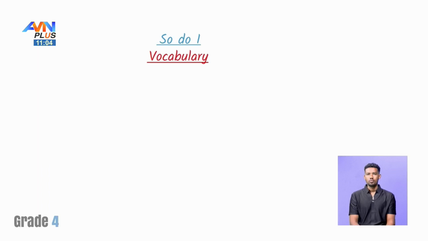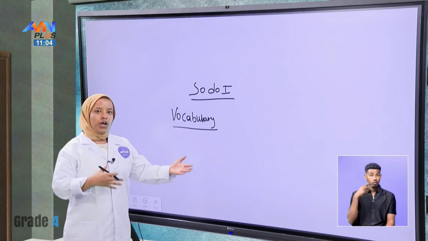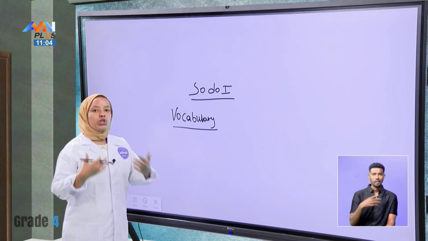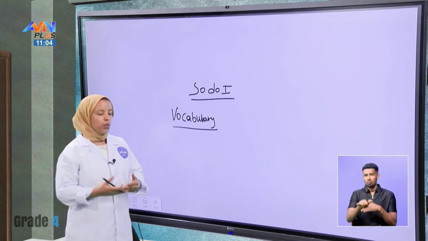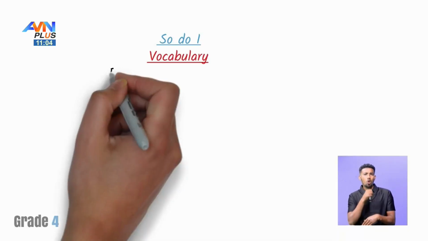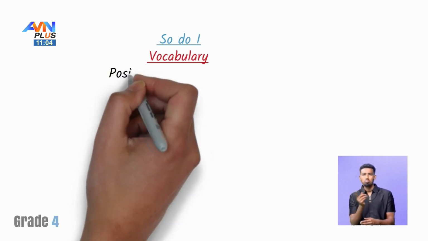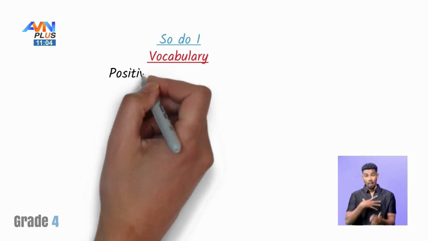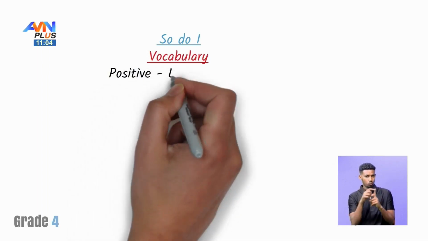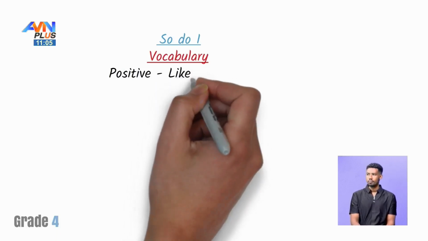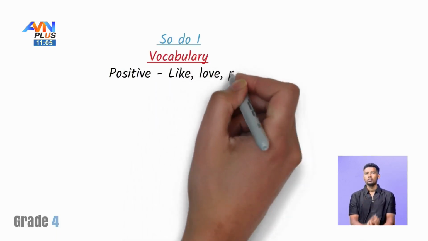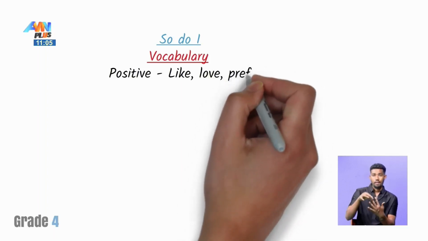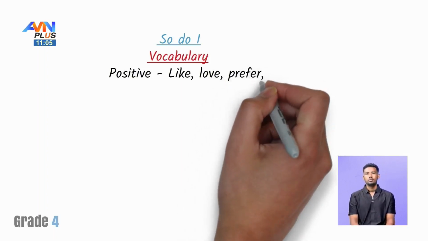Here are some verbs that we can use for like and dislike, when we show preference and what you don't like also. Here is like for positive. For example, like, love, prefer, enjoy.